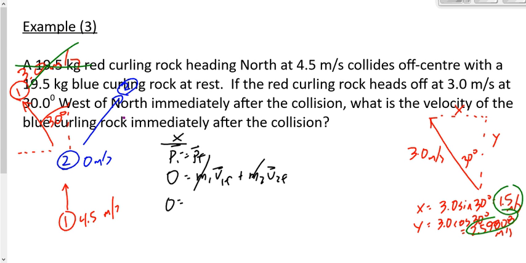V1F would be not 3, we said goodbye. It is 1.5, but we're going to make it negative 1.5 because it's to the left. Solve for V2F, the world's easiest math problem. It's going to be positive 1.5.